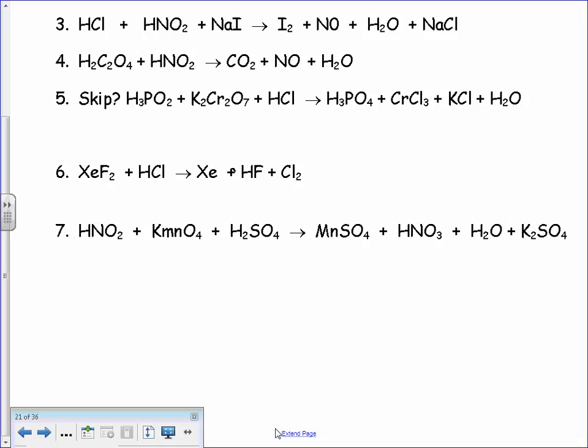So how many total electrons were transferred in the chromium process? 12, because we had 4 chromiums. Each chromium is gaining what? 3. So a total of 4 chromiums gaining 3 is 12 electrons transferred.